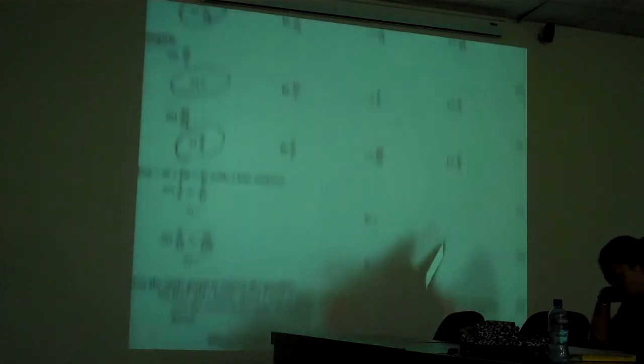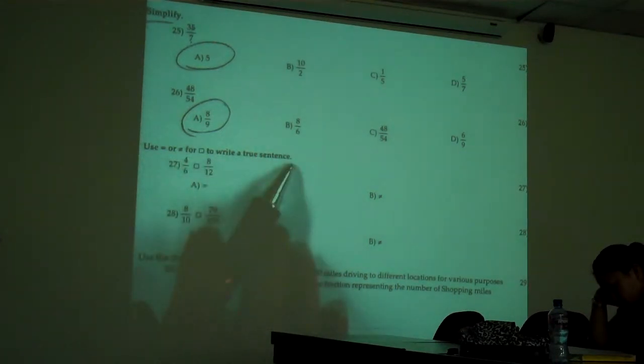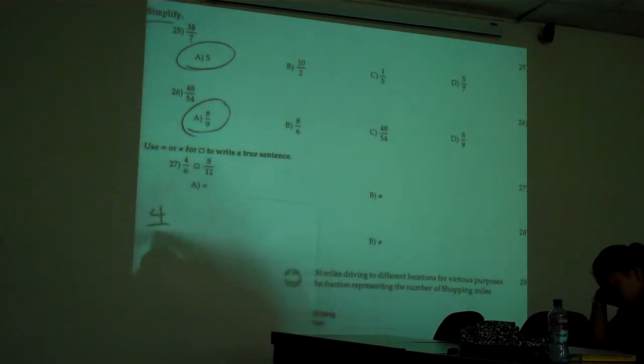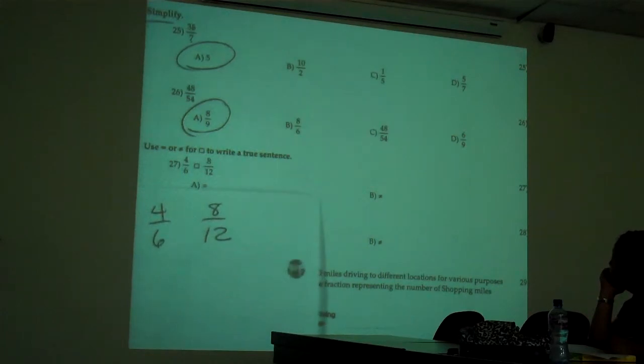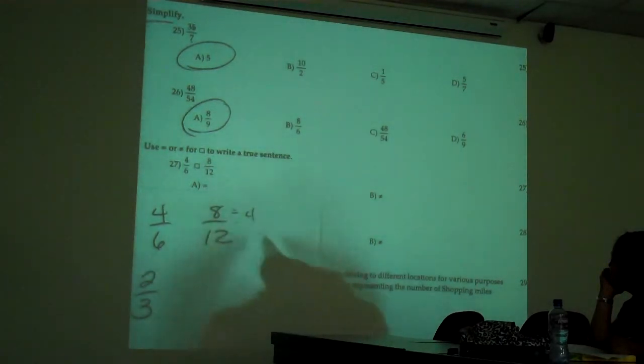And this says to use equal or not equal. Use one or the other, the equal or the not equal, for the blank to write a true sentence. Okay, you've got 4/6 and you have 8/12. You can either reduce both of them, and if they both reduce to the same thing, like this one, dividing by 2 gives you 2/3. This one, dividing by 4, gives you 2/3.